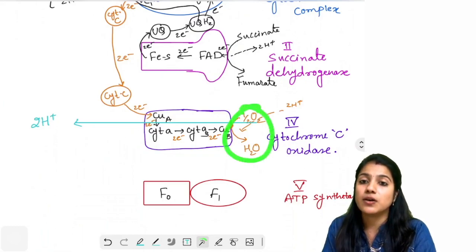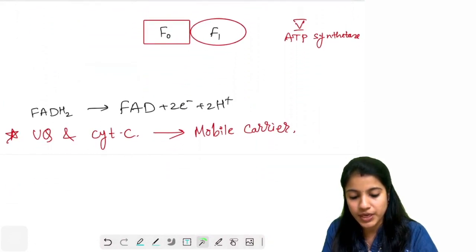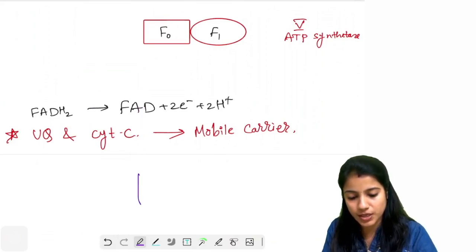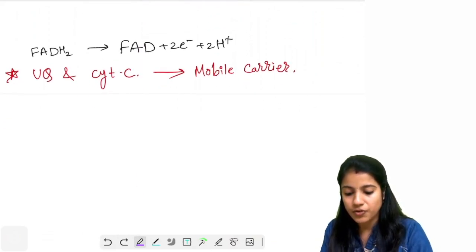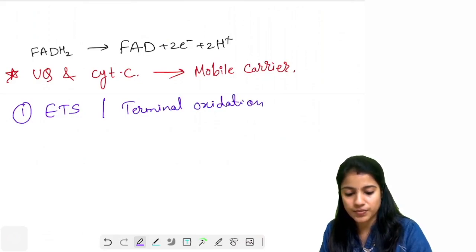Here, terminal oxidation took place. That's why ETS has 3 names, right? The electron transport system can be called by 3 names. What are those 3 names? First is the electron transport system, also called terminal oxidation, right?